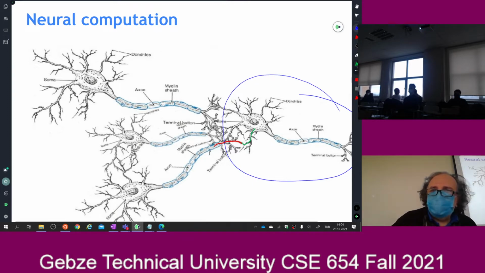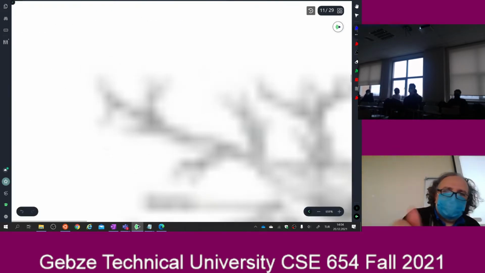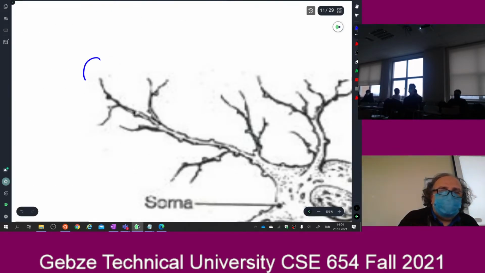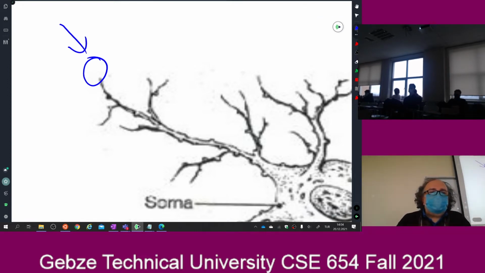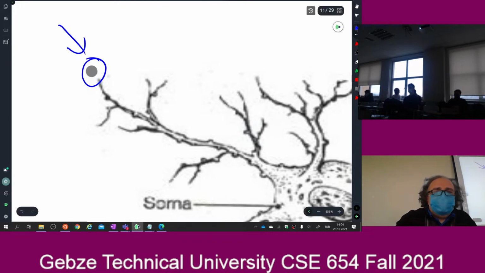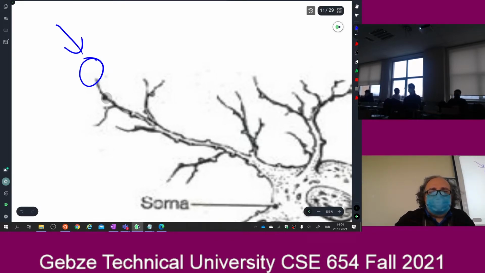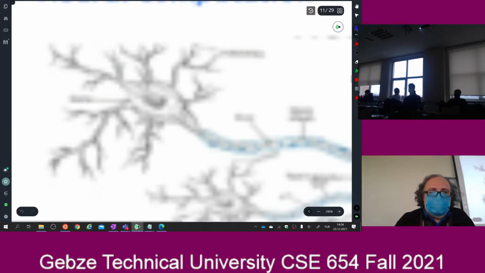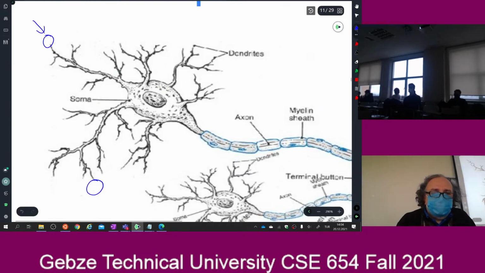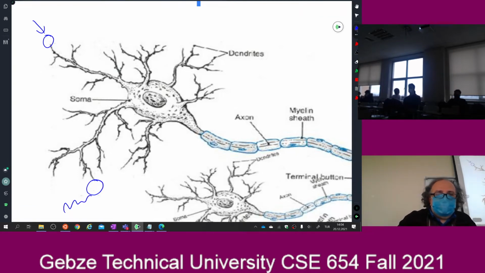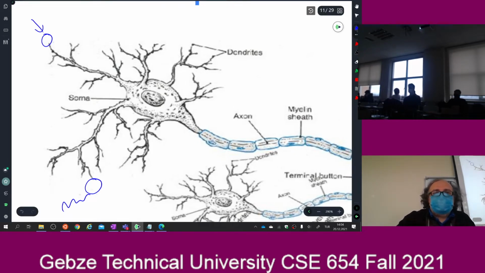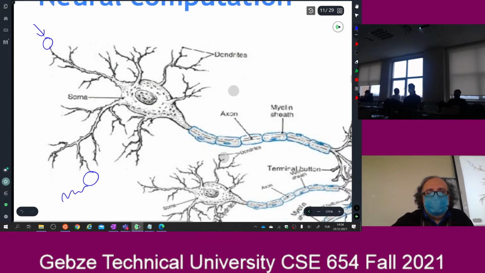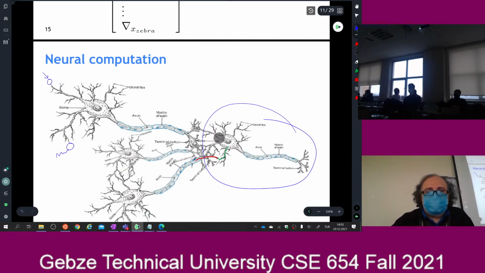So let's say I have a cell here that is sensitive to the light. When light hits this cell, it sends some signal to this neuron. Another cell is here, sensitive to sound waves, and it sends a signal to this one. So this one is calculating dumb stuff and passing it to that one and that one and that one.